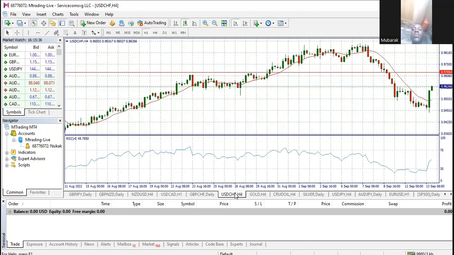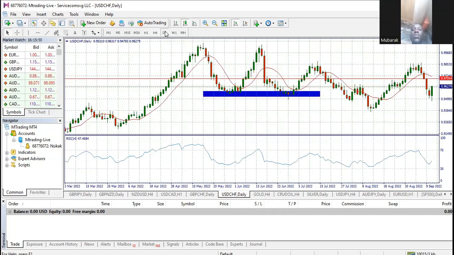Here is CHF, the same thing. It should keep buying. It will not go far from where it is already, until you see a bearish reversal candlestick pattern.